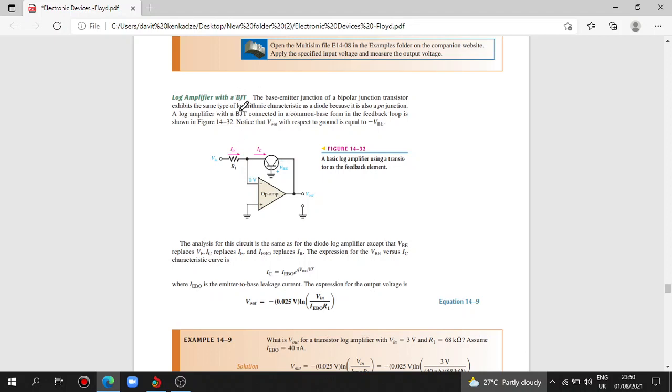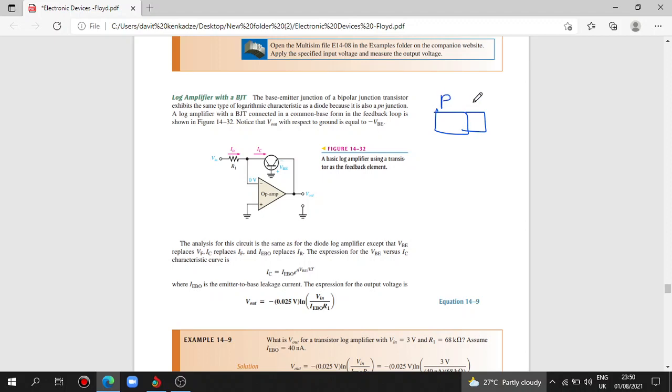A log amplifier with a BJT: the base-emitter junction of the transistor has the same type of logarithmic characteristics as a diode, because a diode has only one p-n junction.